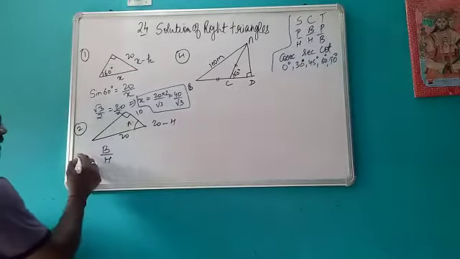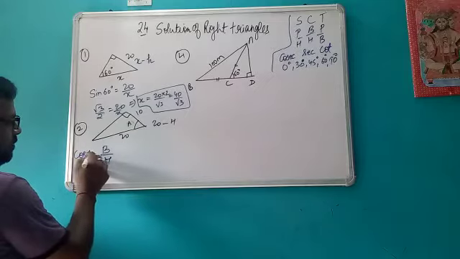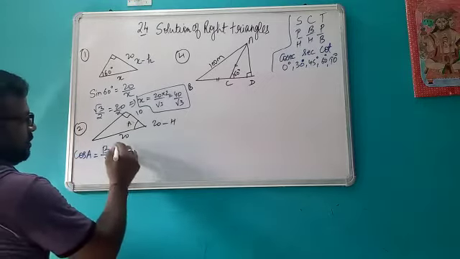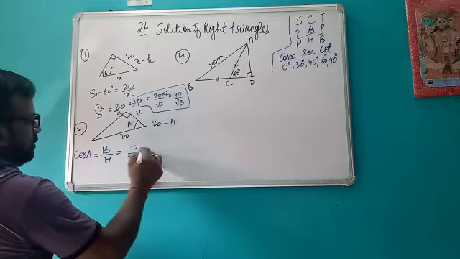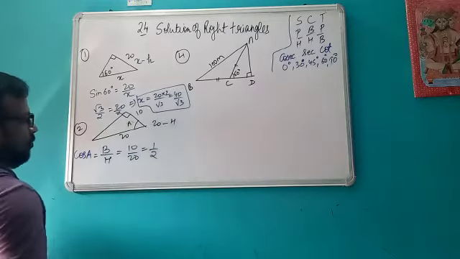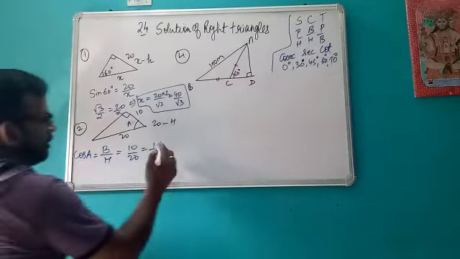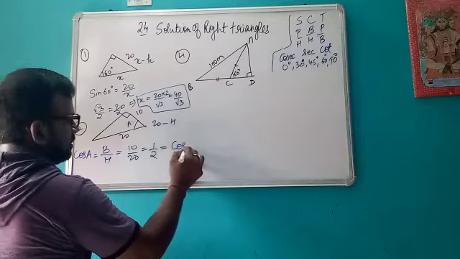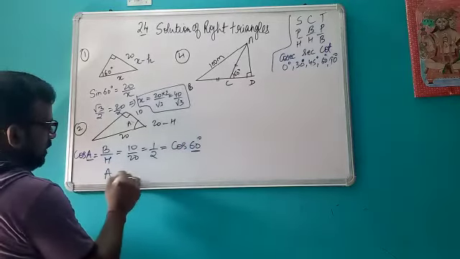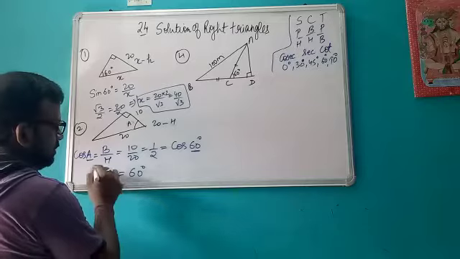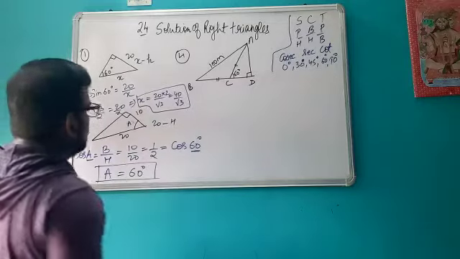That means this is cos of A. Base is 10, hypotenuse is 20, so it is 1 by 2. And what we know about cos? Cos is 1 by 2 when it is 60 degree. That means the value of A is equal to 60 degree.